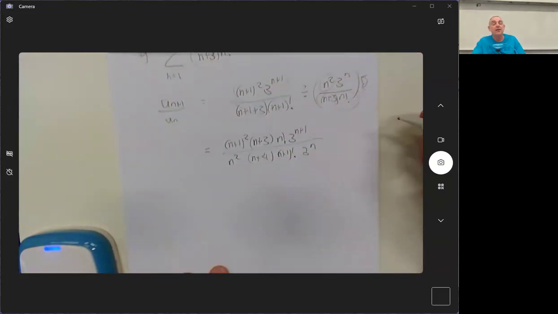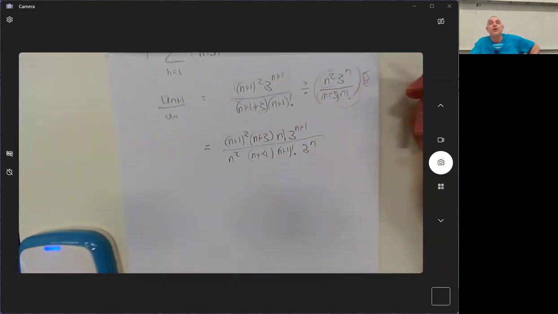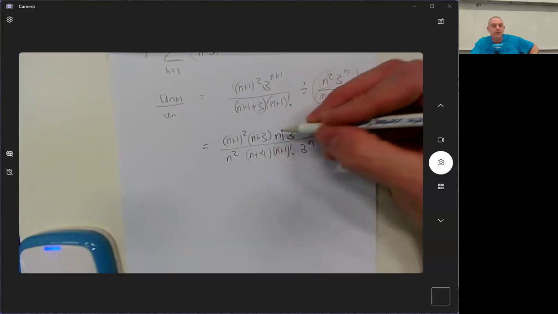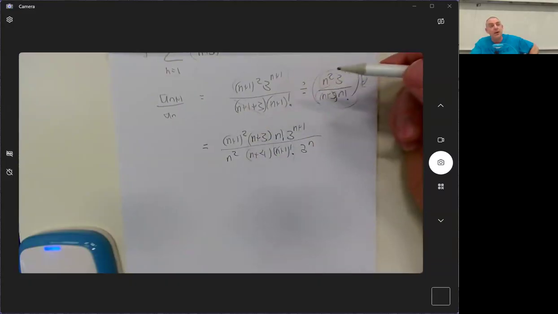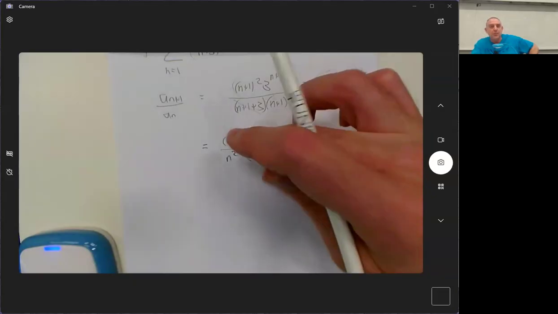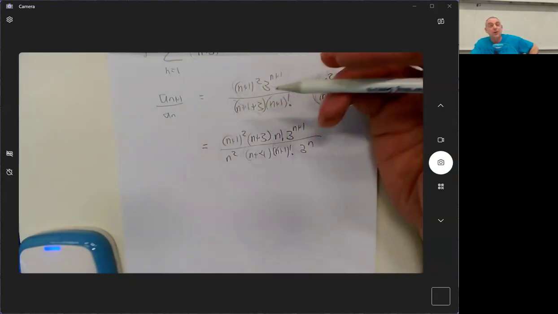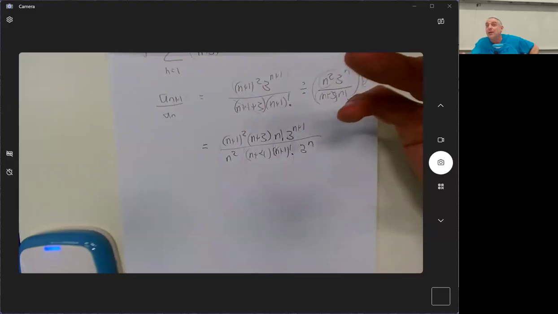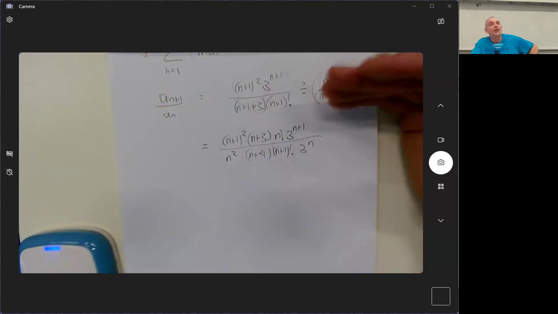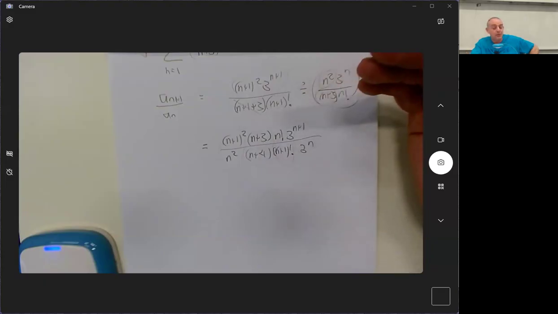What I've done is put the things that are similar to each other on top of each other. So the 3 to the things are on top of each other, the factorials are on top of each other, these things without powers are on top of each other, these things with powers are on top of each other. I've done that for a very good reason, and that's because each of these fractions separately, because that's how fraction multiplication works, will have its own limit, and it'll be easier to calculate them separately.